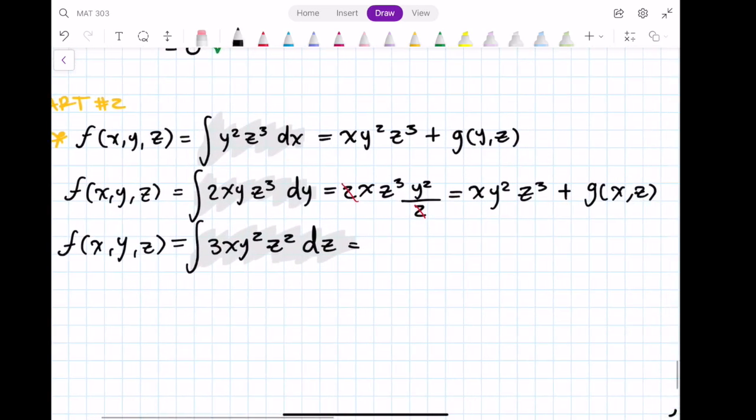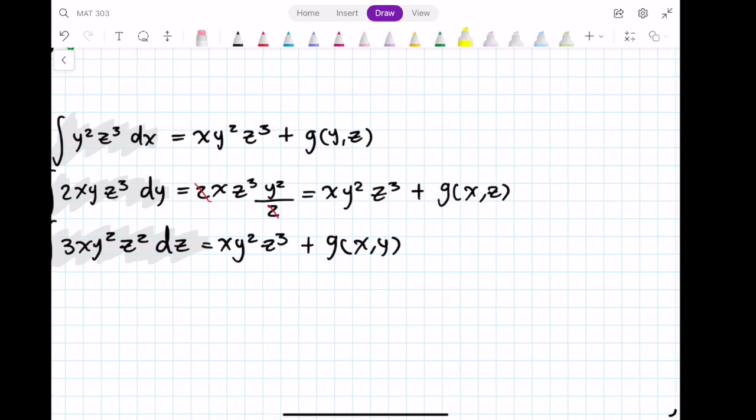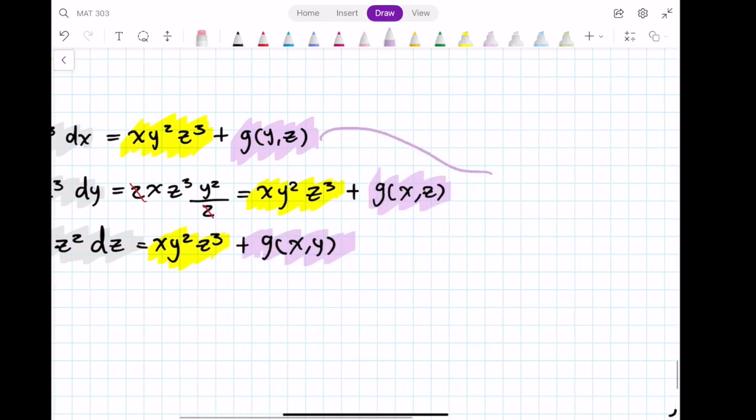So the answer will be xy squared c cubed plus any function of x and y, sorry. So now we have to compare, right? So this and this are the same. So these ones are going to be our potential function. All these are our constants. And our constants, we're going to name them k, right? Our k constant.